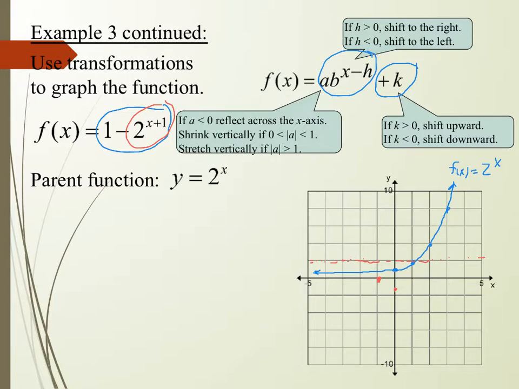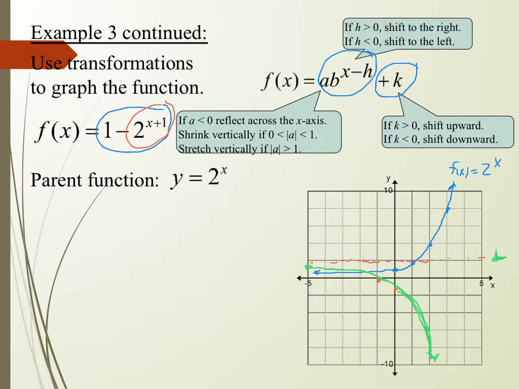So now the new function is going to look very much like this because it's going to approach 1 coming from this way. So we can just look at the y and x intercepts, and we can see how this function is going to be manipulated by this particular asymptote.